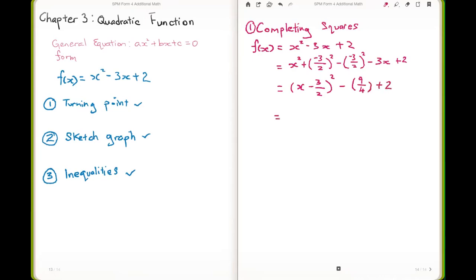And you solve it further. This is now a different approach because we are looking for the turning point. You solve this and it would be negative 1 over 4.